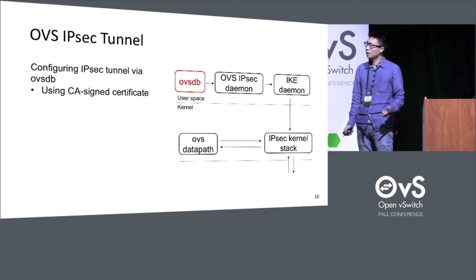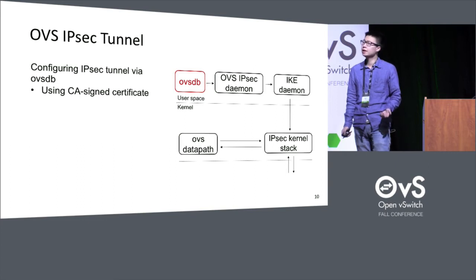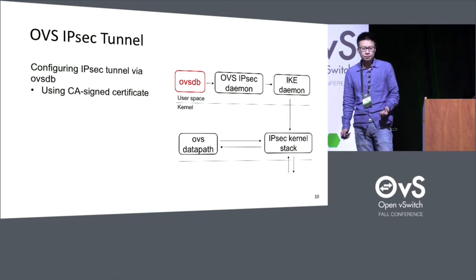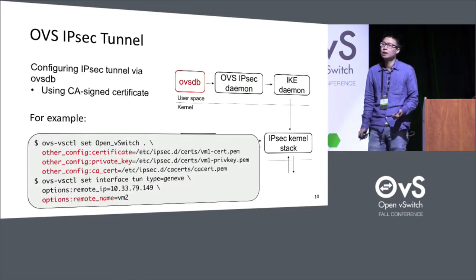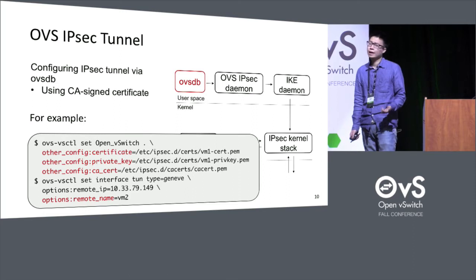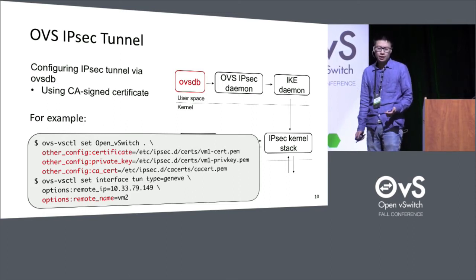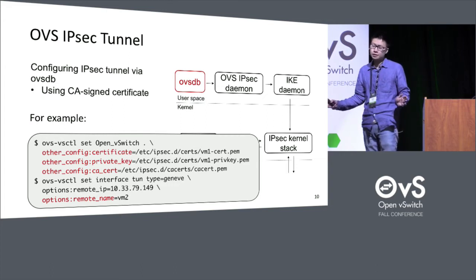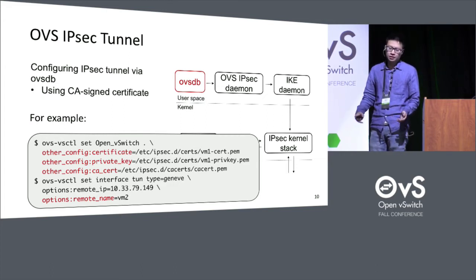The user can use a CA signed certificate to do the configuration. With a CA signed certificate, each certificate is signed by the private key of a CA, and the CA certificate is downloaded in the local file system.